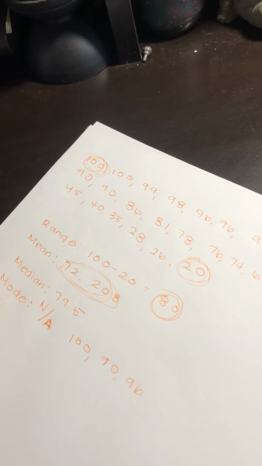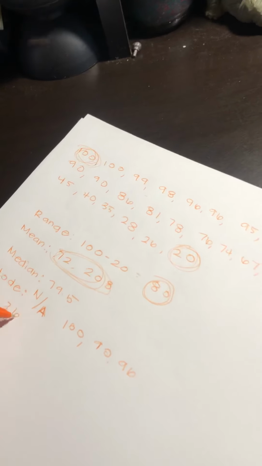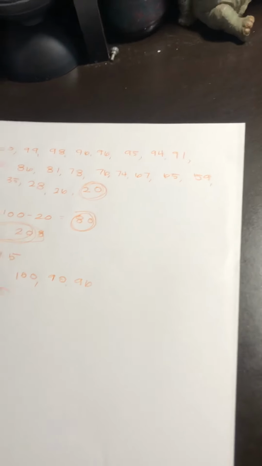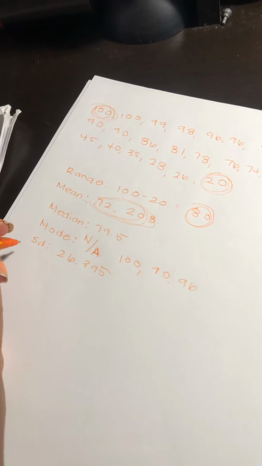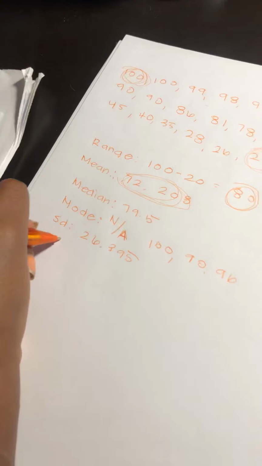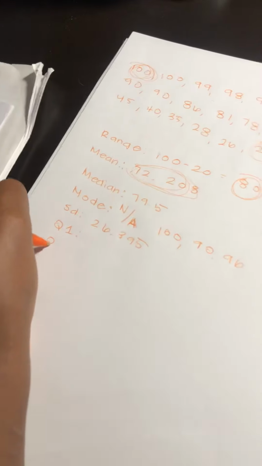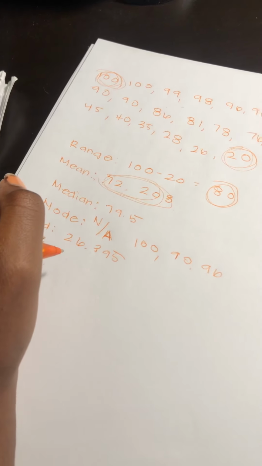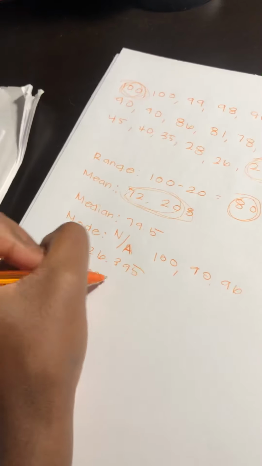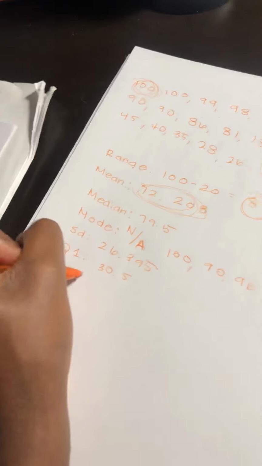Alright, after that, you take your calculator and find the standard deviation, which was 26.395. Alright, after that, you find out what your quartile 1 is and your quartile 3 is, which was 30.5 and 90.5.